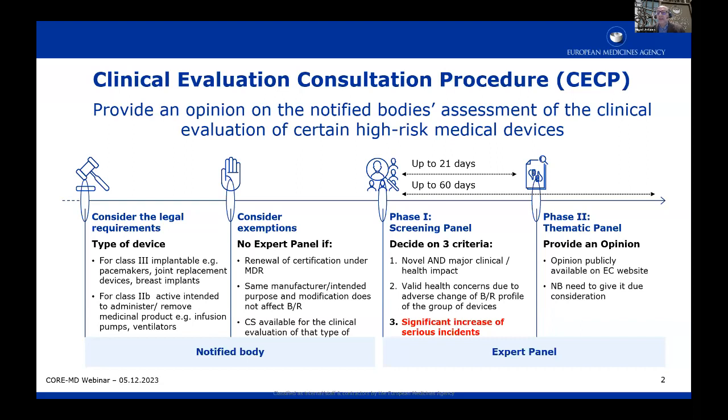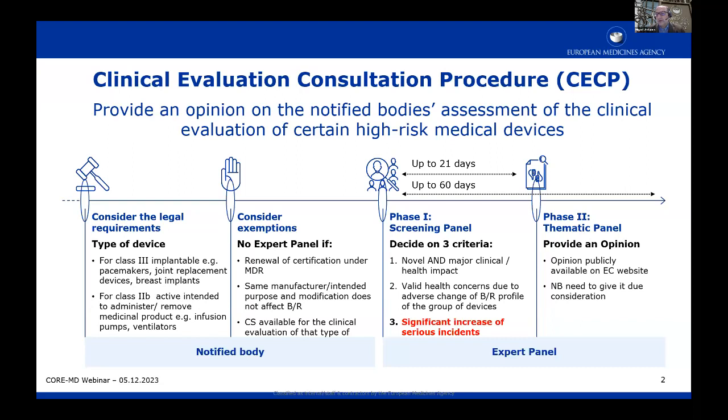However, if that's not the case, then we go into the first phase of this consultation procedure, which is the screening phase. And here there is a screening panel that assesses the need to produce an opinion for a specific device, or that could also become something that is relevant for a type of device or group of devices. So that decision on whether or not an opinion is needed is based on 3 criteria.